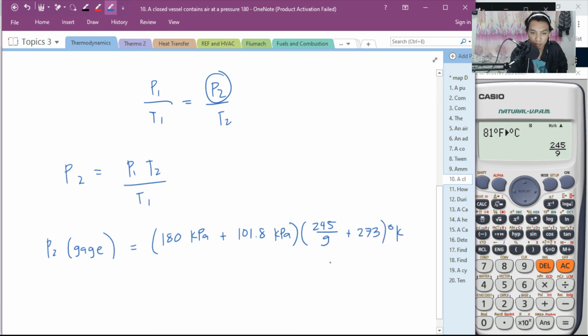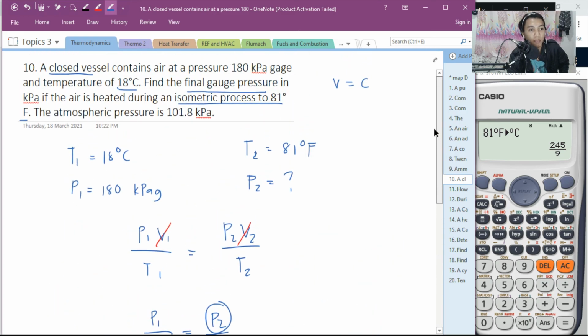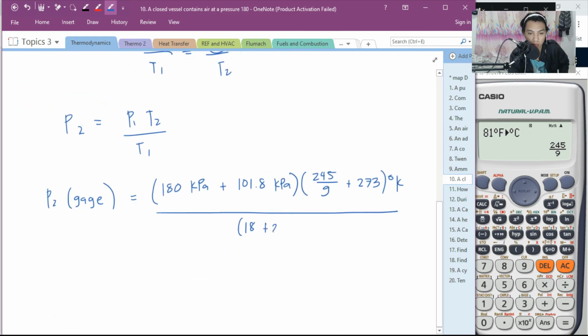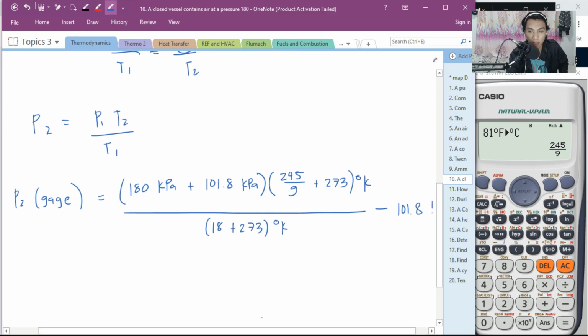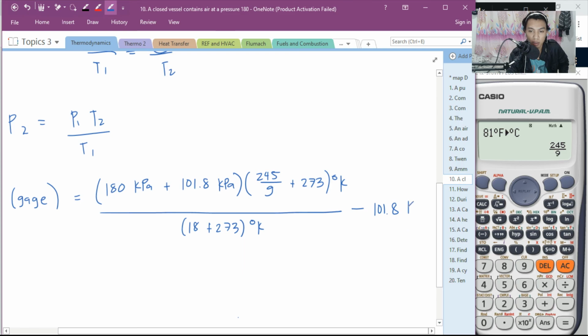Over T1. What is T1? 18. 18 plus 273 degree Kelvin. Ngayon, ang hinahanap natin dito kasi is in gauge. Di, minusan natin ng atmospheric 101.8 kPa para maging kPag na ito lahat.